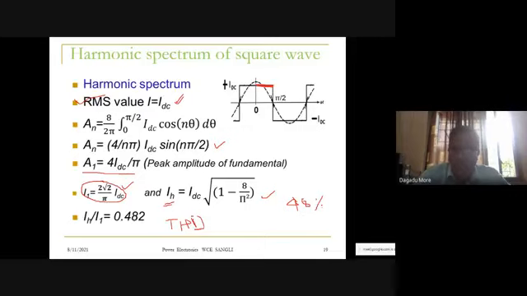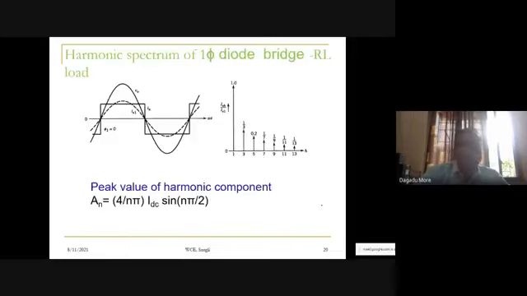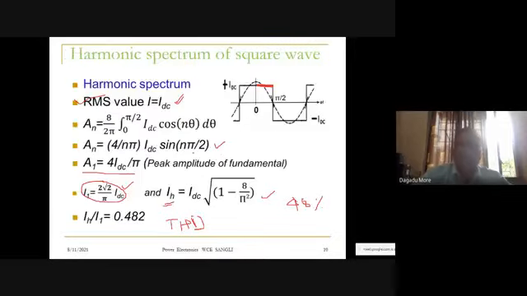So how to compute the THD? This is the harmonic spectrum, particularly for the square waveform of a diode bridge with single phase RL load. From the generalized expression we obtained, put n equal to 2. What will happen? Sine 180 will be 0.